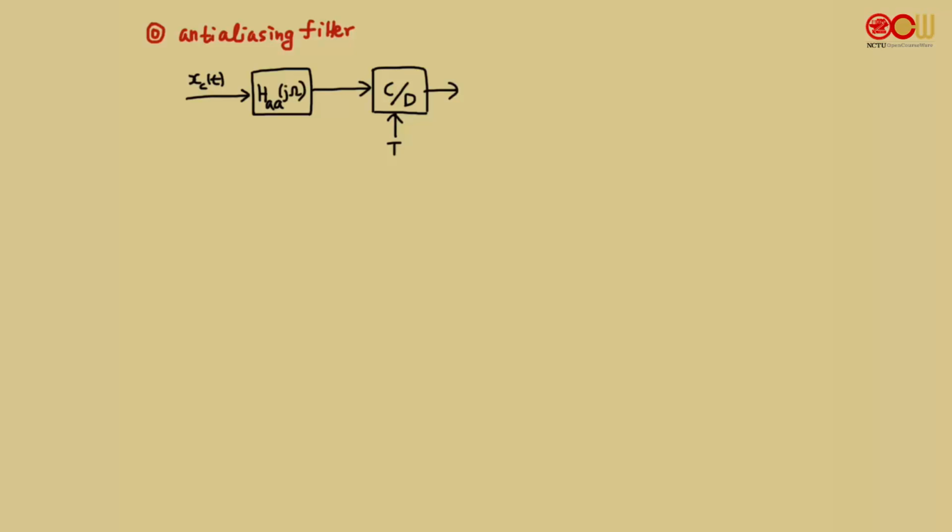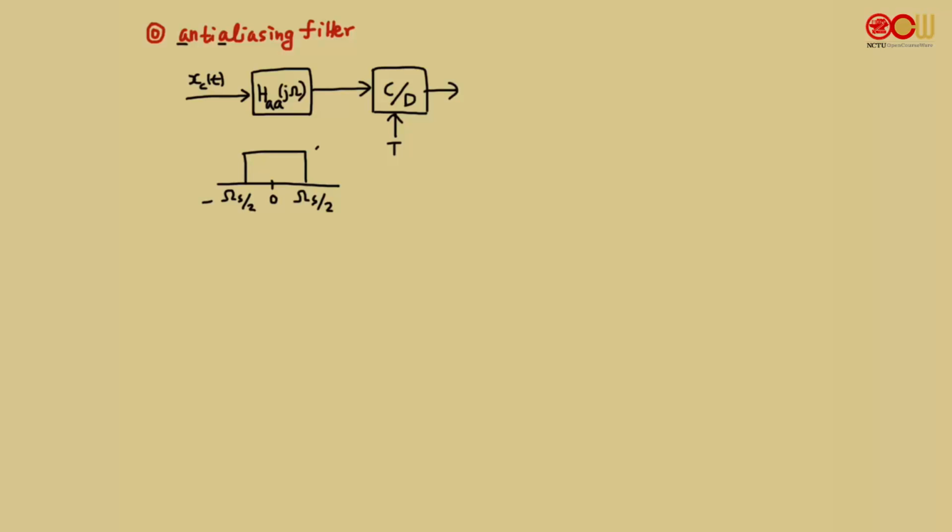This H AA is an anti-aliasing filter, and it's an ideal low-pass filter with a cutoff frequency omega s over 2.